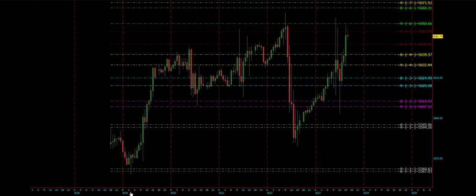Now the numbers, this year 2024. If I add all these numbers into a single digit, 2 plus 0 plus 2 plus 4 is 8. So this whole year is controlled by number 8.